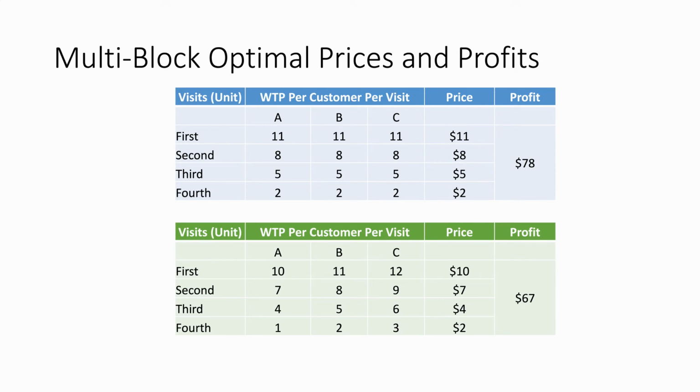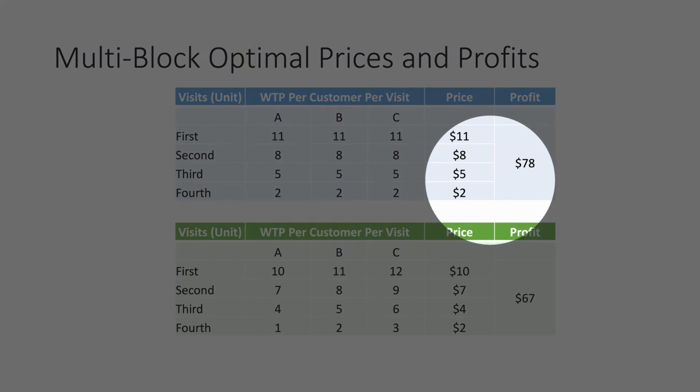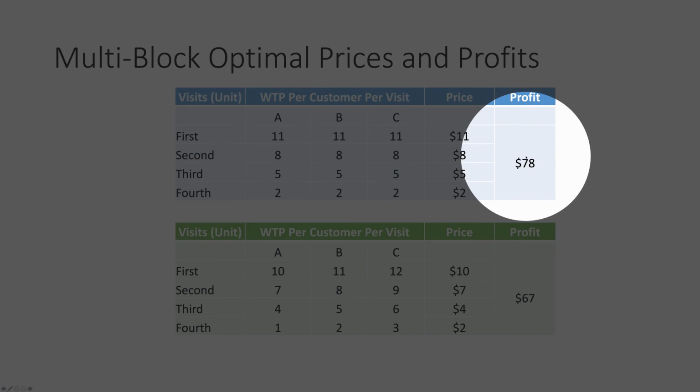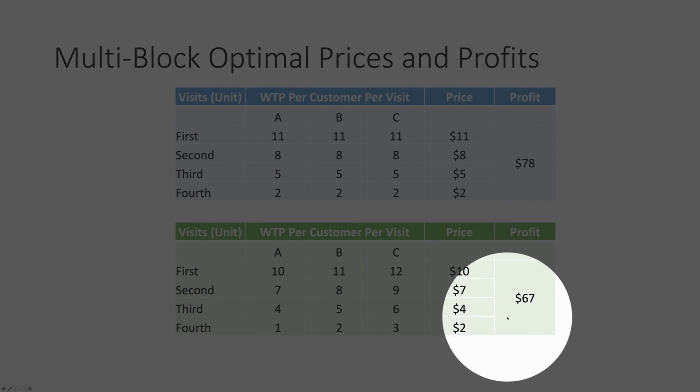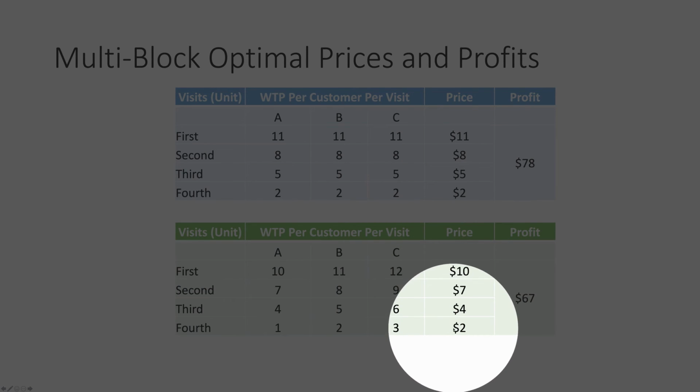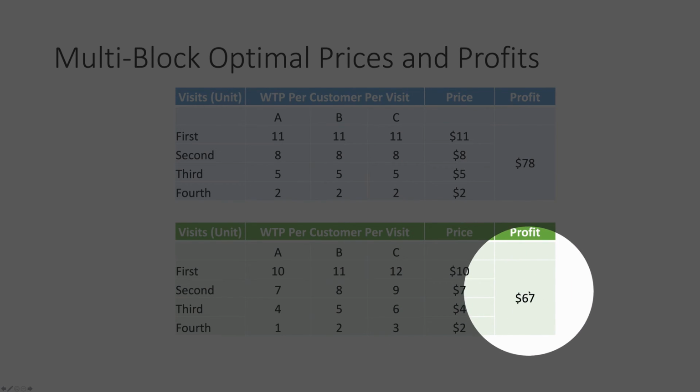And to summarize, what we have in multi-block optimal pricing is 11, 8, 5, and 2 when customers are the same, and the total profit is $78. And we charge $10, $7, $4, and $2 when customers are different, and the total profit is $67.